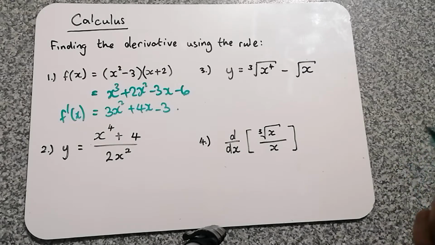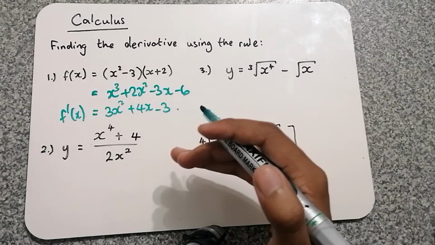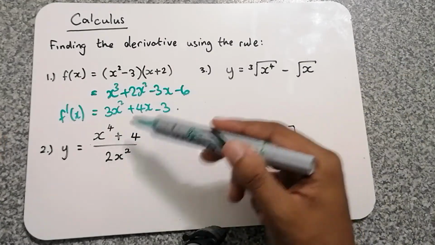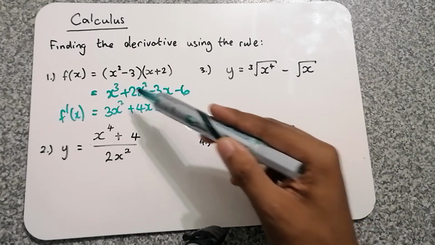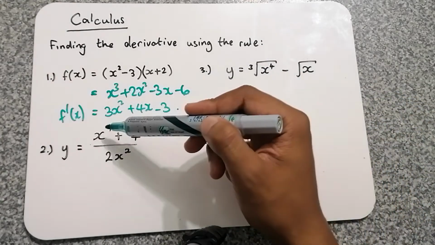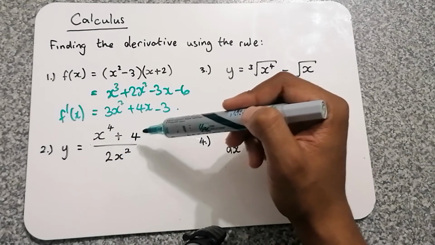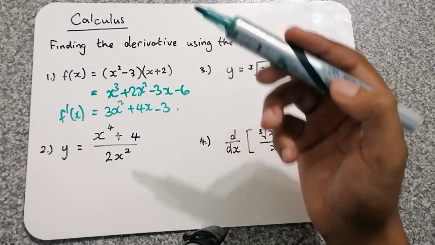Question number 2. We have a y function. So before I'm going to derive this, I first want to simplify this fraction. Okay, I want to have separate terms like we have here. So I'm going to divide the x to the power 4 by this, and I'm going to divide the 4 by that as well.